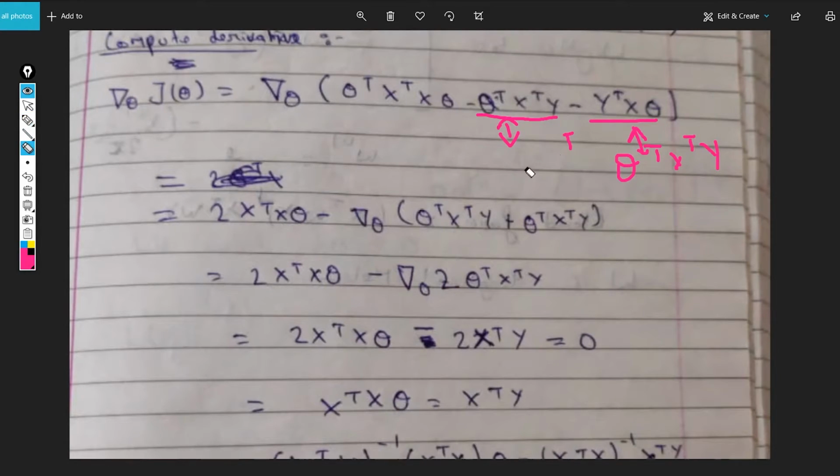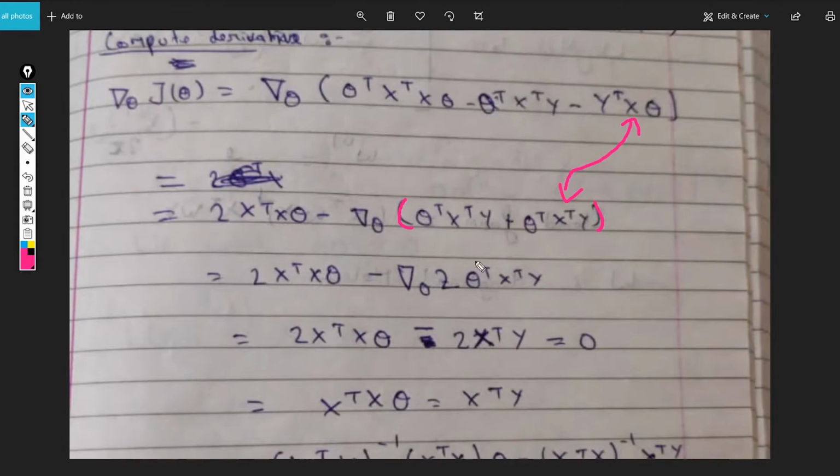And I have made one mistake, so you can write this as y transpose x theta. So you can write both of them like this, so they are going to remain the same. So this is what we have done here. We have written this like this, and these both are same. You can just put any values there, and you can multiply them together to see the result, and they are going to be same. So now we have to find the derivative on this part.